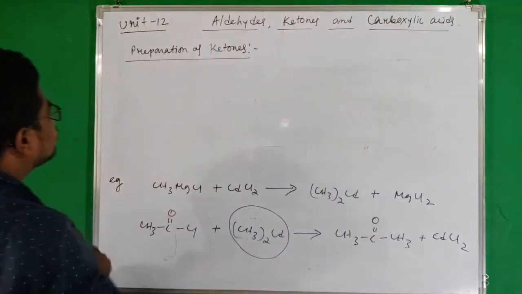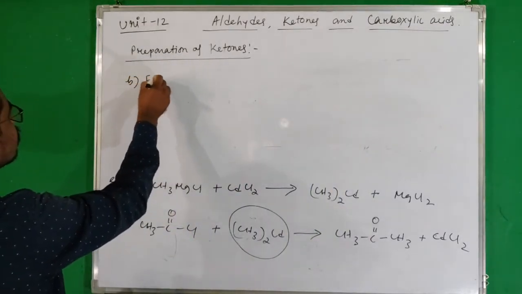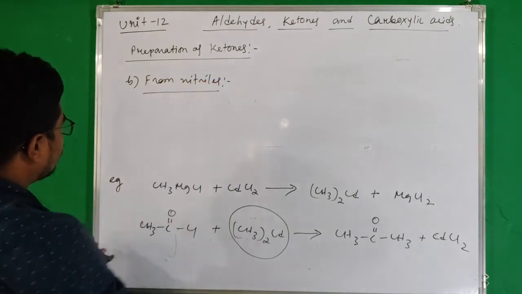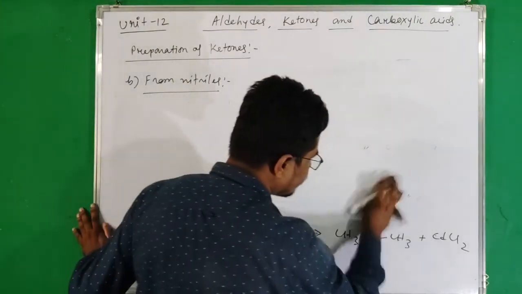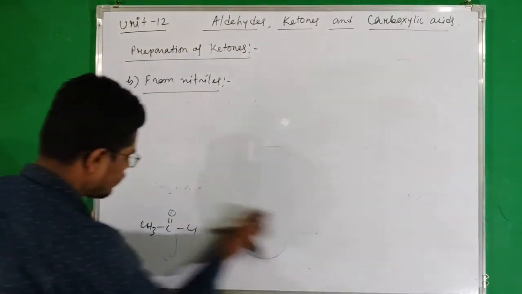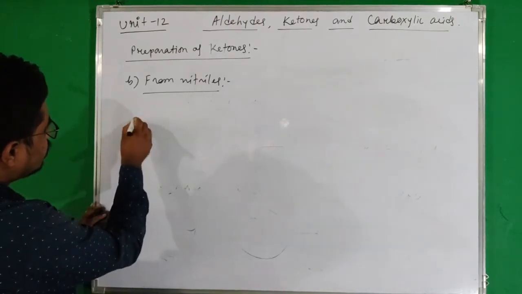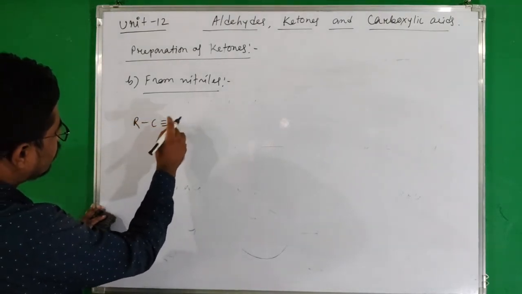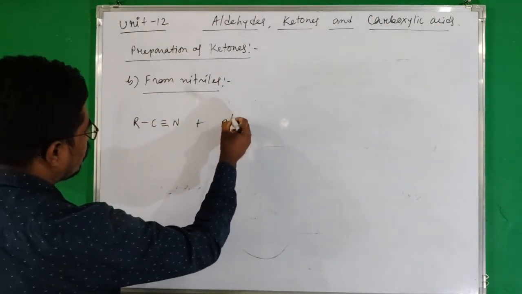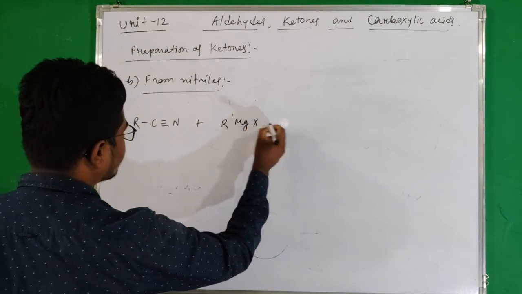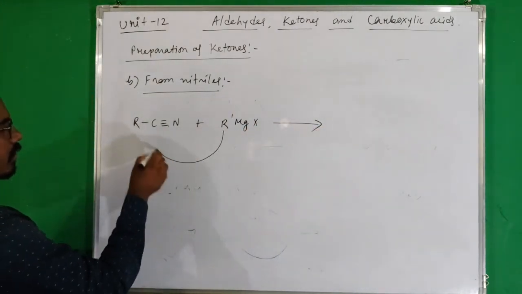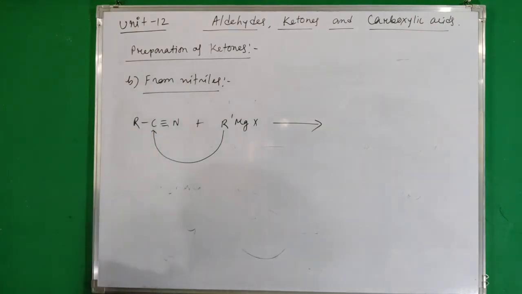So number B, from nitriles. Suppose we have one nitrile RC≡N. When this nitrile reacts with Grignard reagent, suppose R'MgX, then the R' group will attach to the carbon.